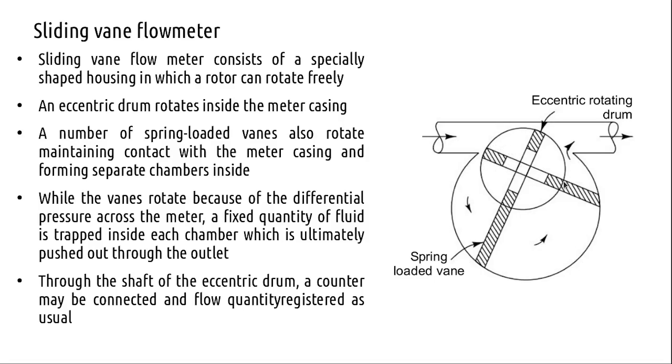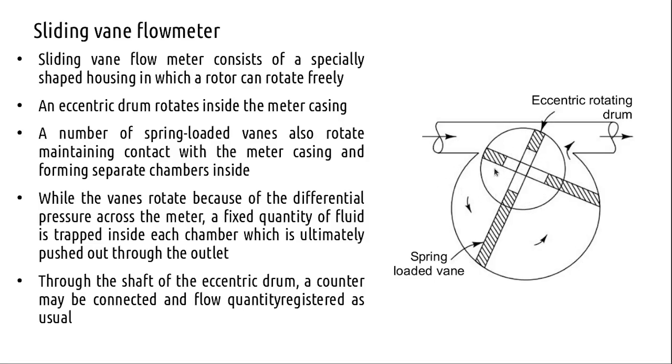On top of this drum you have connected some vanes. Vane means rod-like structures, usually of plastic or something like that. They will also be rotating alongside, and at the shaft, this portion looking into our face, you will have connected the counter.